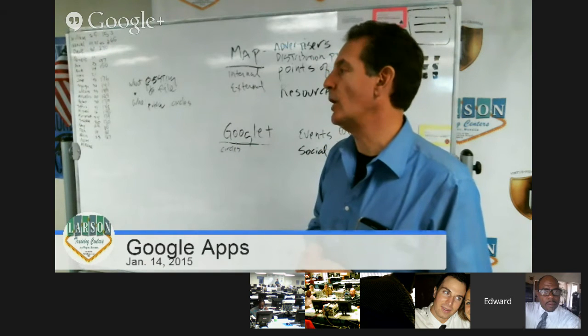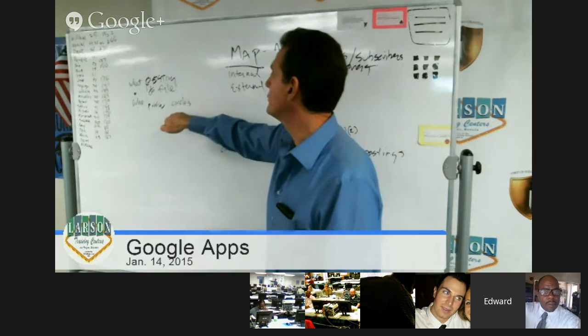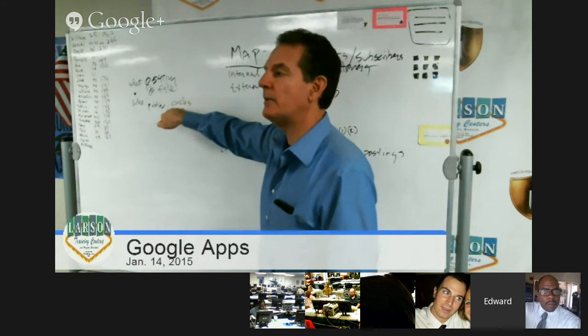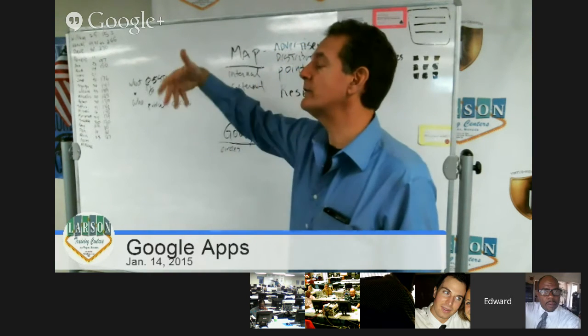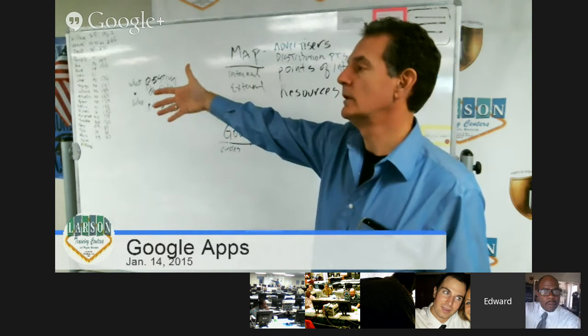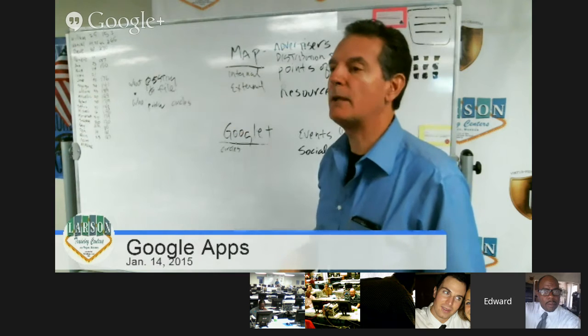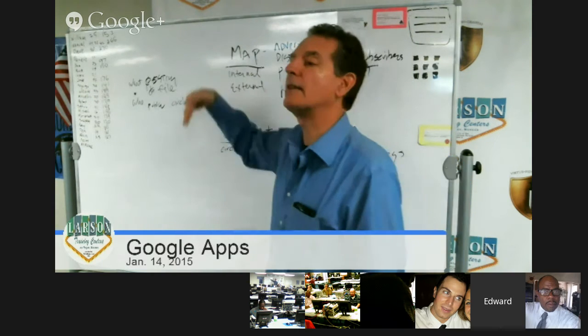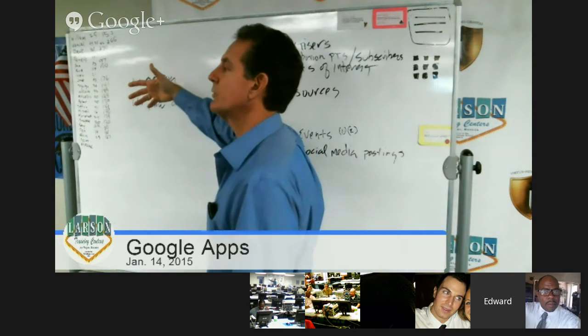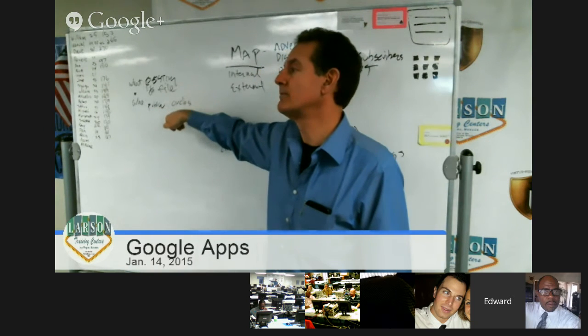You don't even need to know their email address. You can also type in the name of a circle, let's say all your employees, and it will send that posting to all of the people in that circle. You could also type in the name of a community.